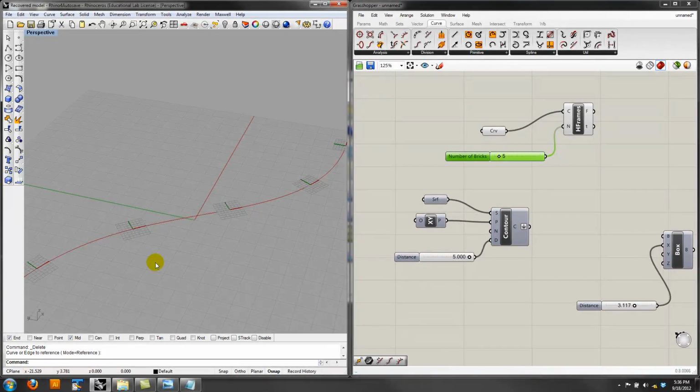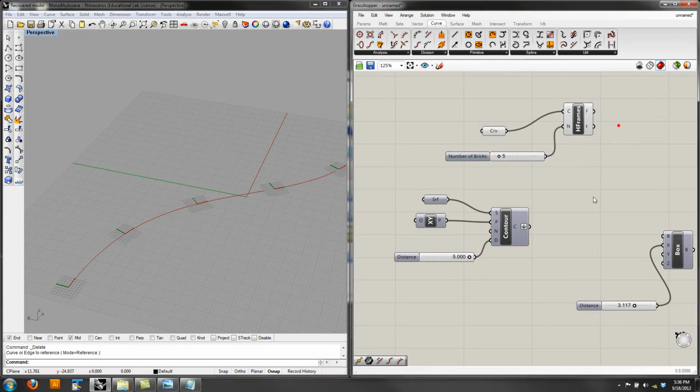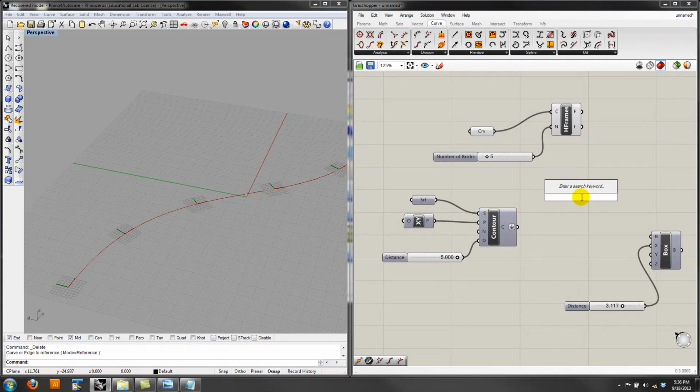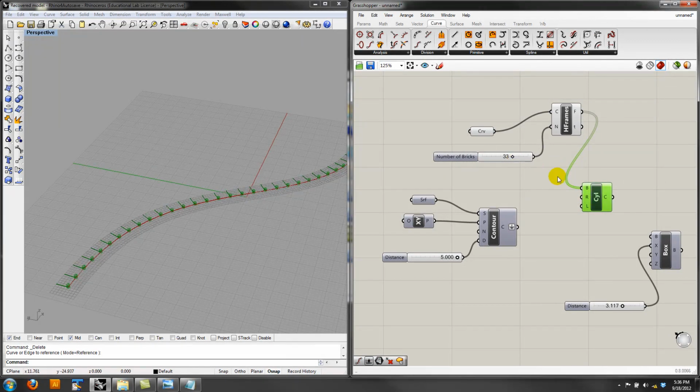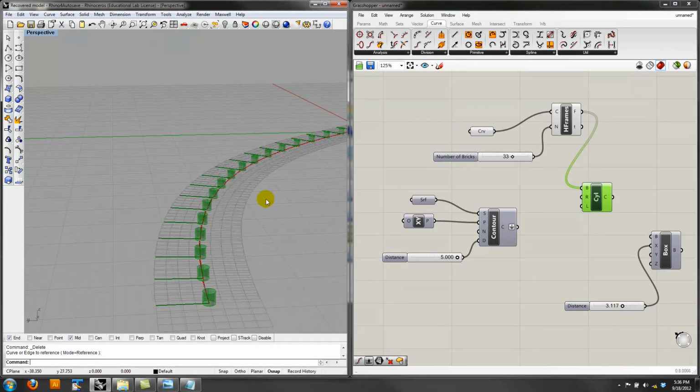And you get these frames, and it's kind of confusing, but if you look in the upper right hand corner, a frame is just a plane. And we know that planes are places where you can distribute geometry. So if I take something like a cylinder, you can place them, right? This is the base plane, and I get my things, and they go along.